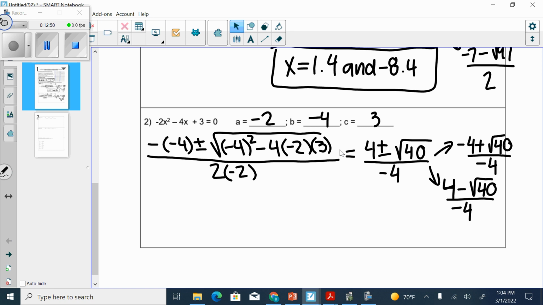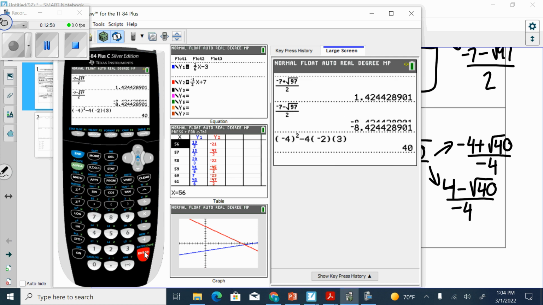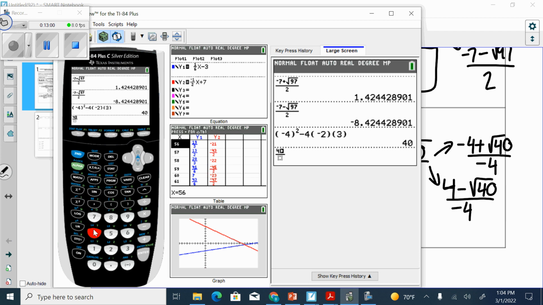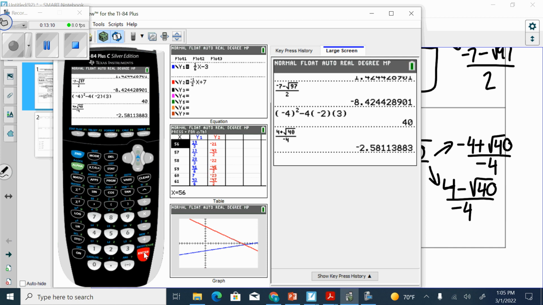Okay, so in my calculator, I've got alpha y equals enter. In the top, 4 plus the square root of 40 over -4. And this is what we get.